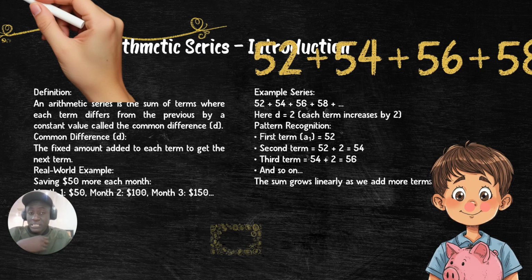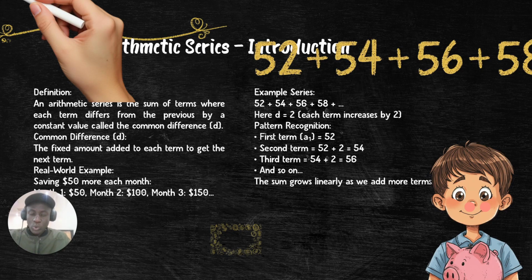Here, the common difference, denoted by D, is equal to 2. Each term increases by 2, because from 52 to 54 you had 2, from 54 to 56 as well you had 2, and from 56 to 58 you had 2. By pattern recognition, the first term A1 is equal to 52.